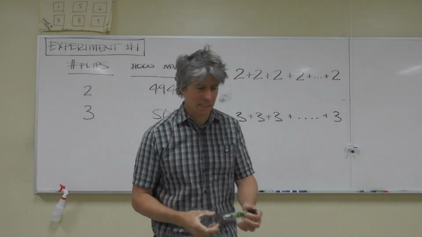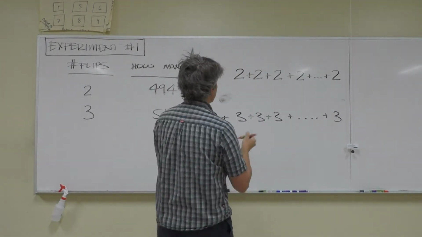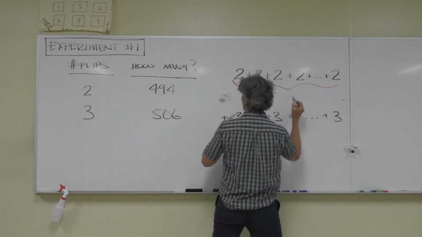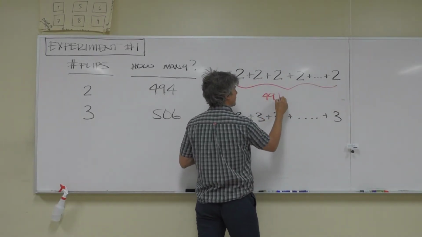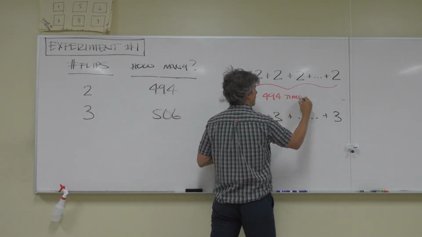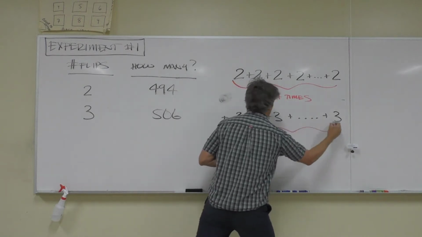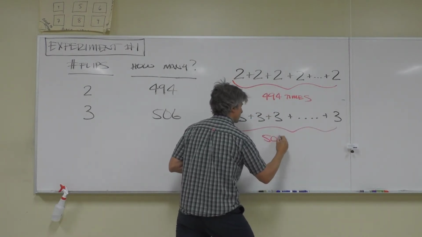And to be precise, just so you know, there are 494 of these, and there are 506 of these.